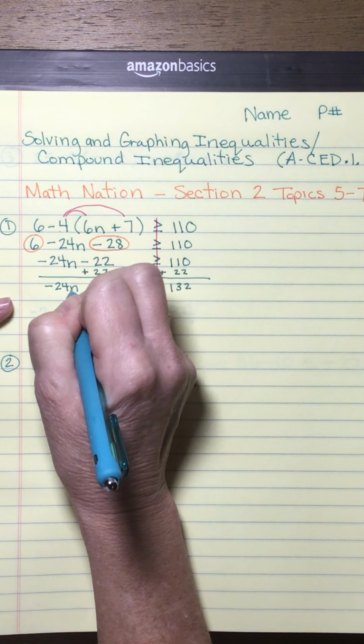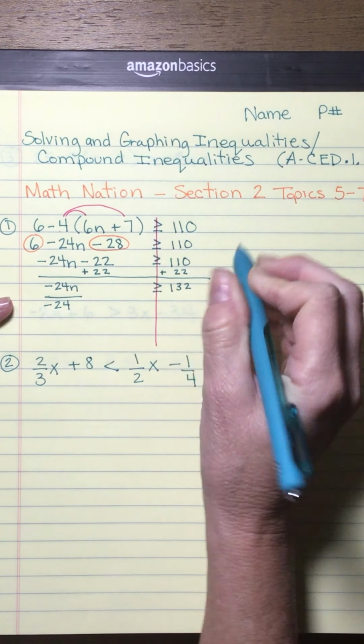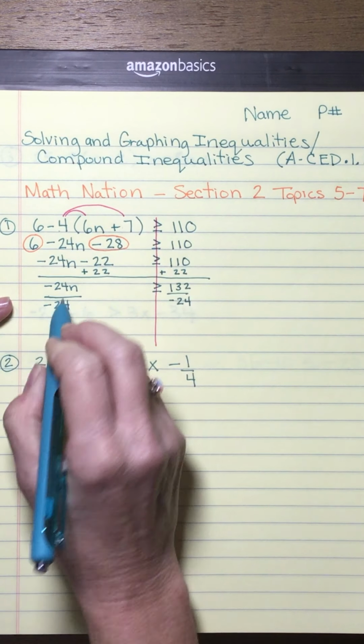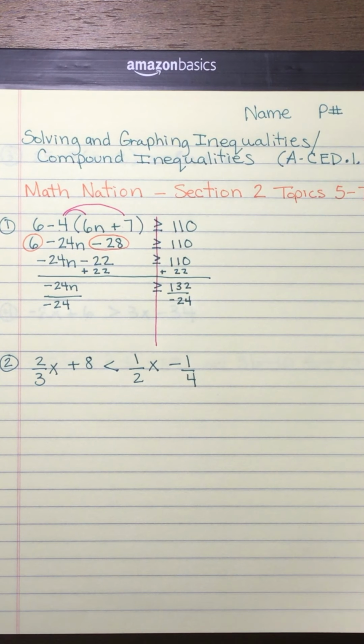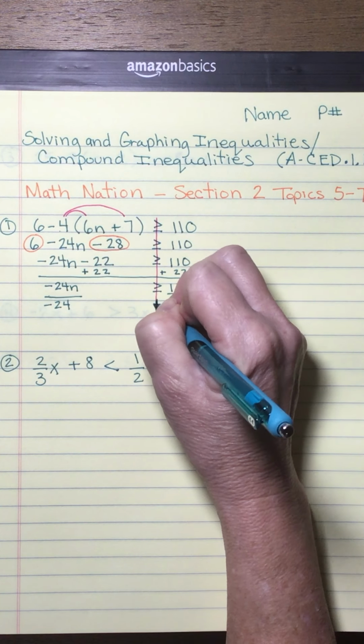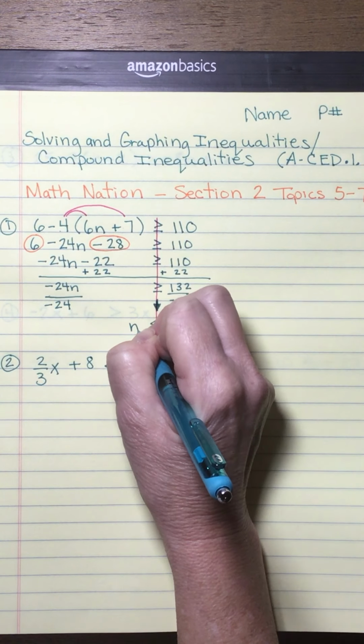So now I'm just going to get n by itself by dividing it by a -24. And since I'm dividing by a negative, remember, whenever you multiply or divide by a negative, the sign is going to flip. So let's make sure we flip that before we forget.